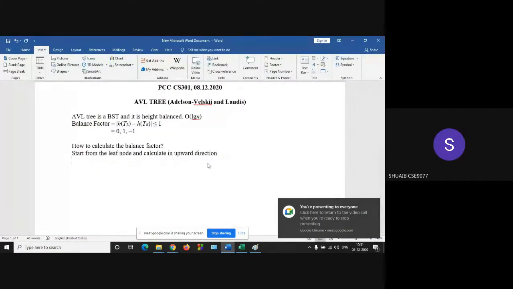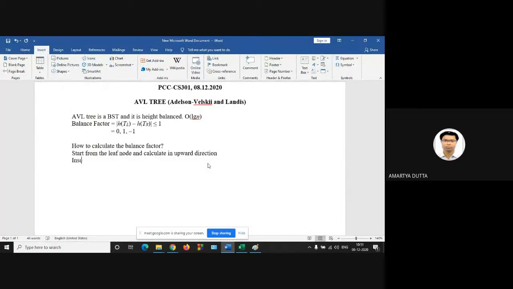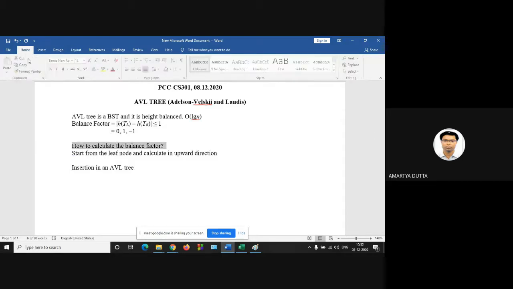Now insertion in an AVL tree, and how you can construct an AVL tree, how to calculate the balance factor.